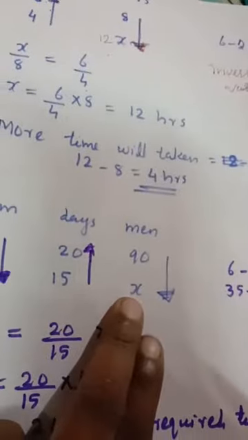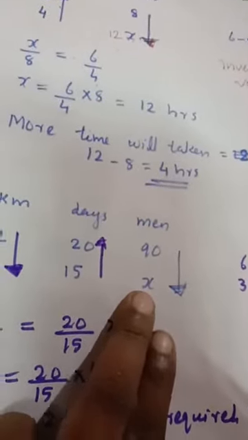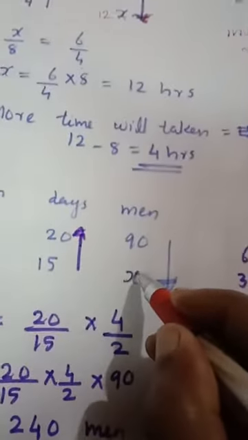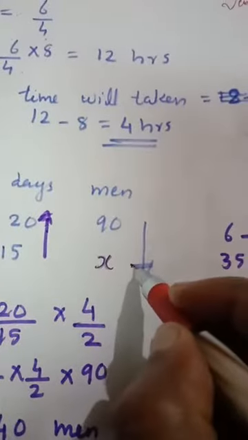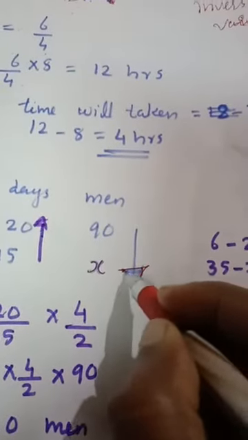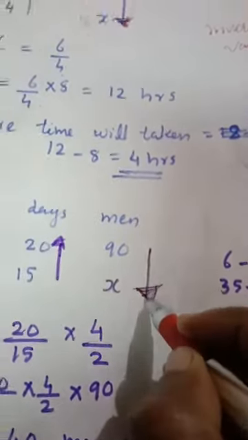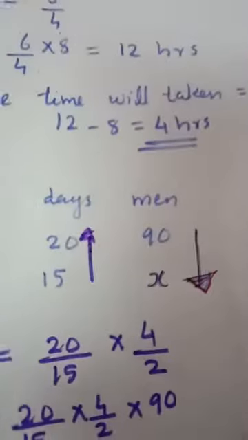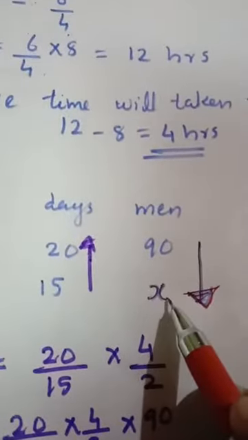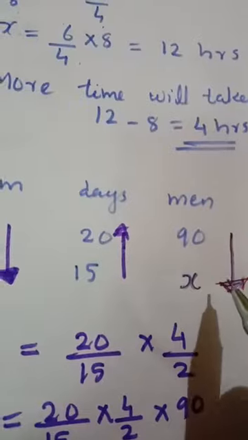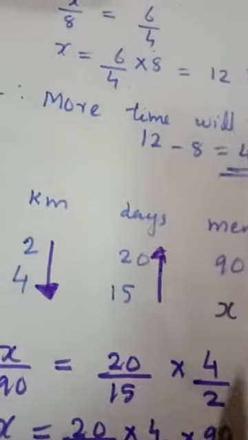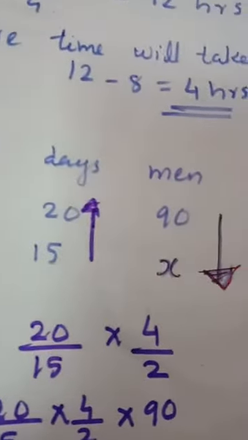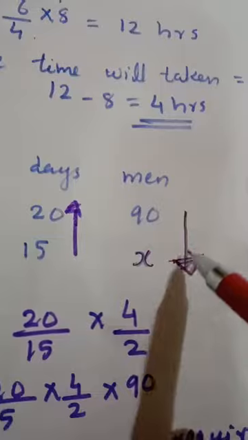And we want to find how many more men, so here x, number of men, x. We want to find this x, so the top of the arrow should be downward. Three quantities are there, so we want to compare all other 2 quantities with this x.